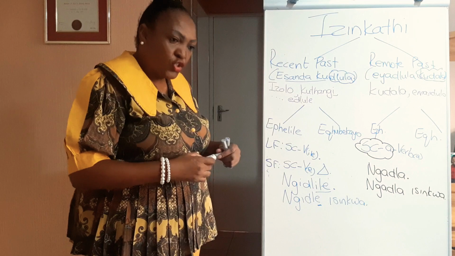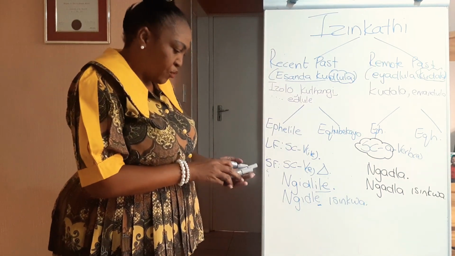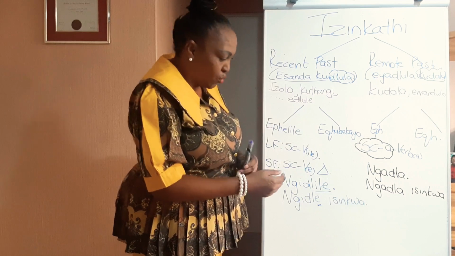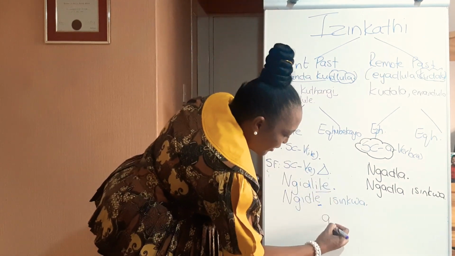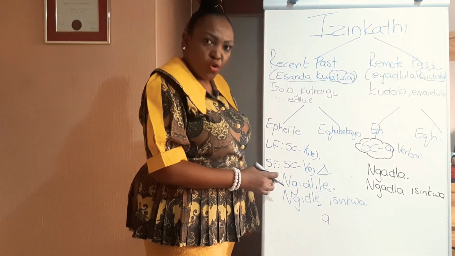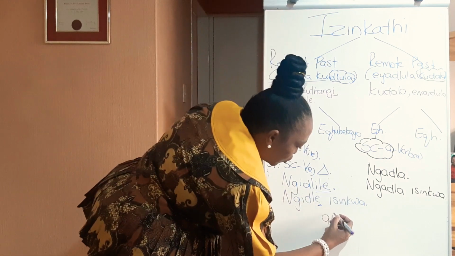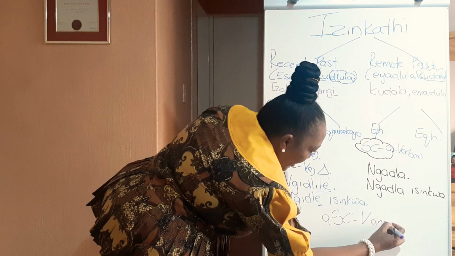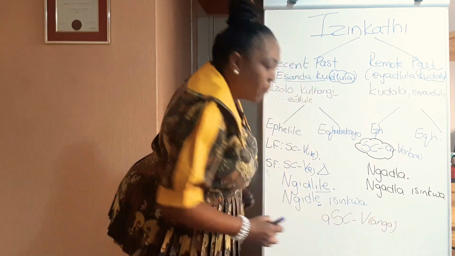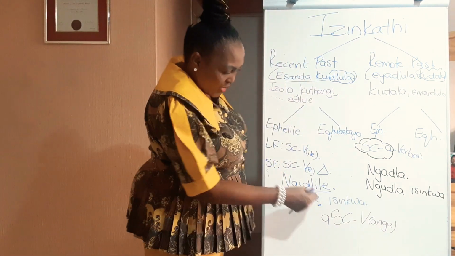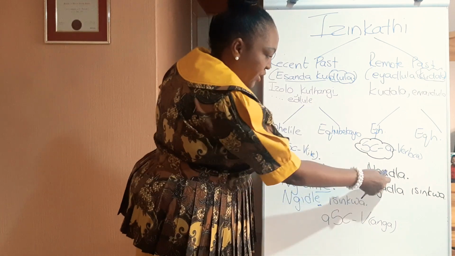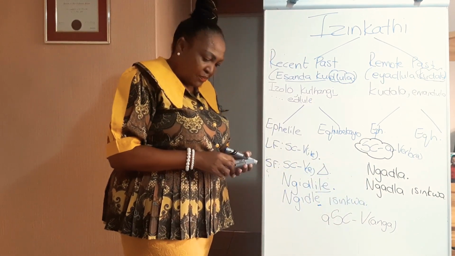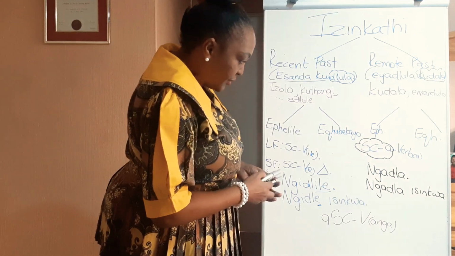And then to put these 2 into negative. You remember when we negate, putting things into negative, ukuphika in IsiZulu, we always put a before your subject concord or subject prefix. Your verb will end with anga for both of them. So whether you're working with recent past or remote past, as long as they are both completed, their negatives are going to be the same.